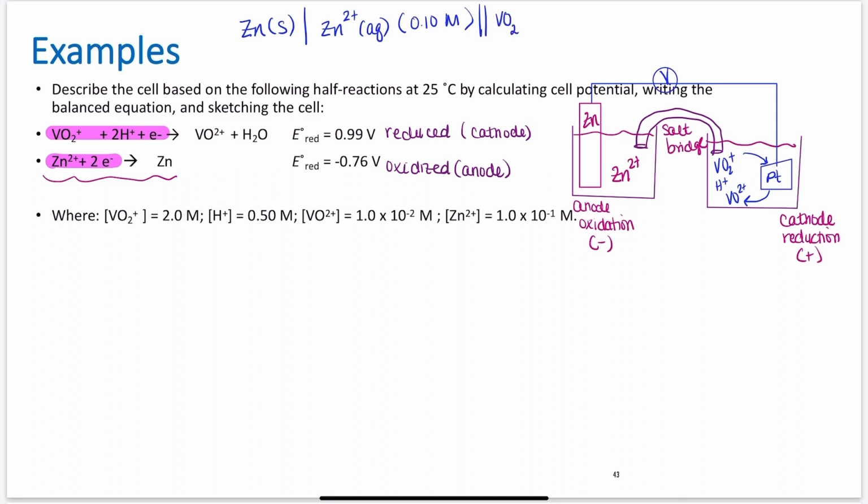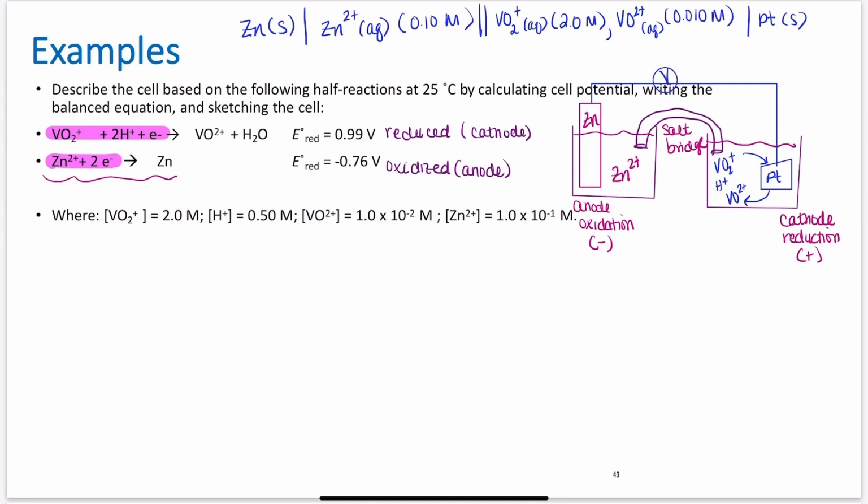My VO2+ (VO subscript 2 plus) aqueous is a 2 molar concentration, comma, VO 2+ aqueous phase as well, 0.010 molar concentration, phase boundary, and my platinum electrode. So now I've got my shorthand.